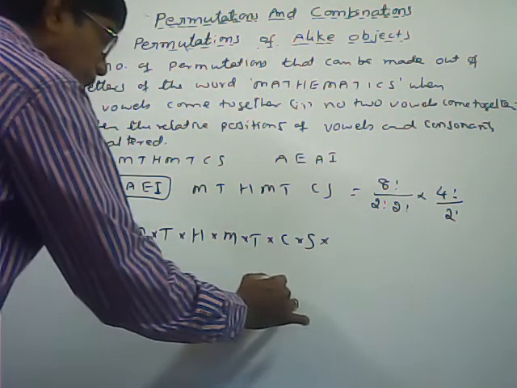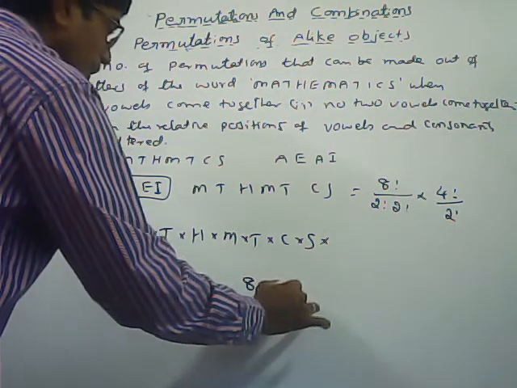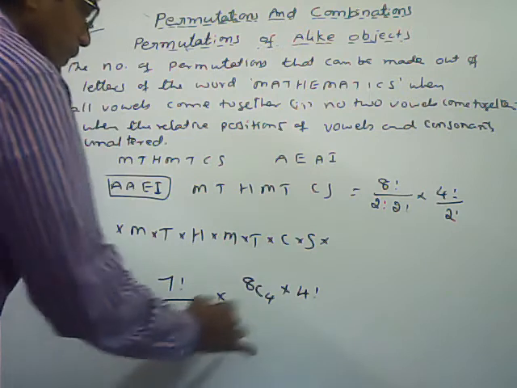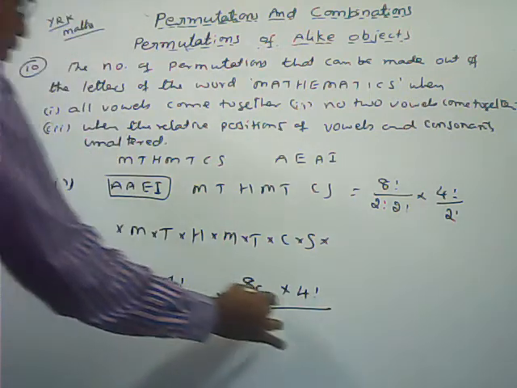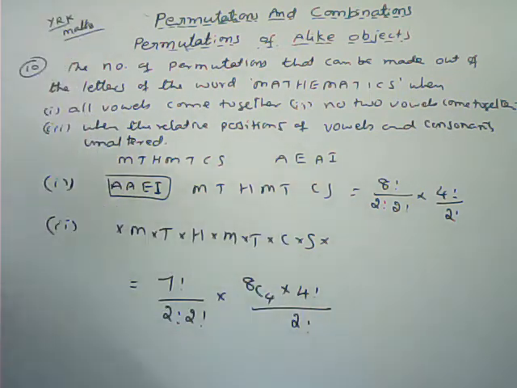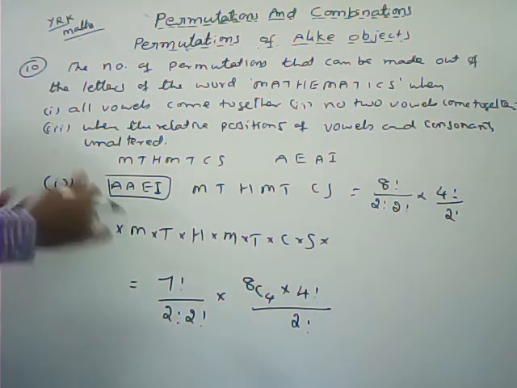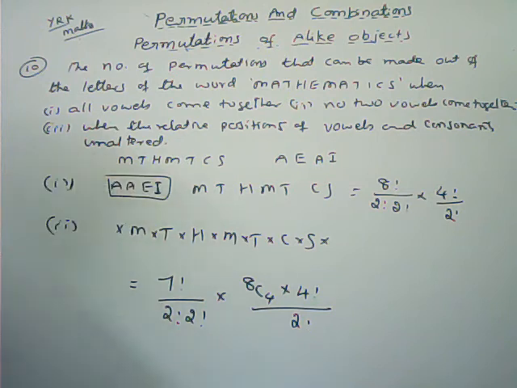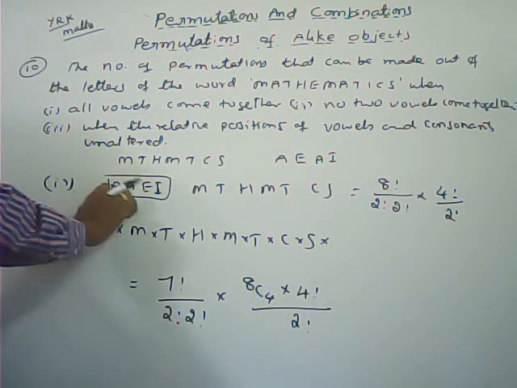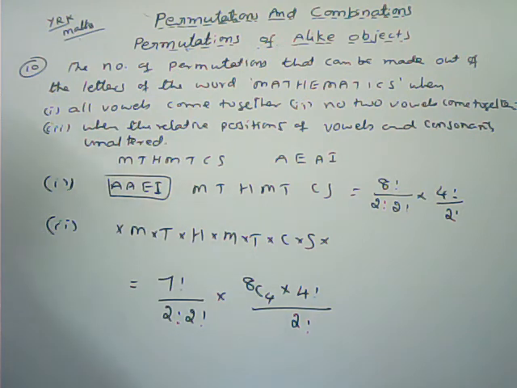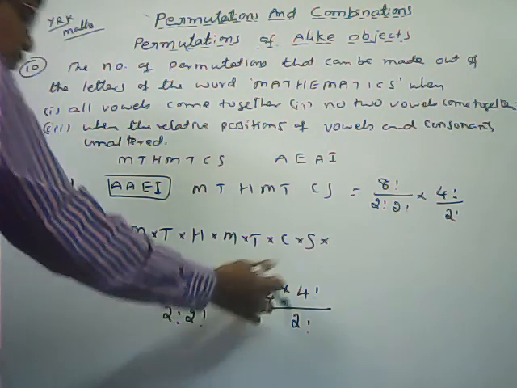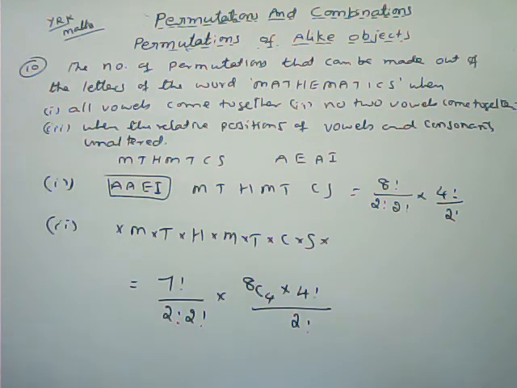In those 4 gaps, these 4 letters can be arranged among themselves in 4 factorial upon 2 factorial, as 2 are alike of one kind. So that is 8C4 into 4 factorial upon 2 factorial. We can write 8P4 also.